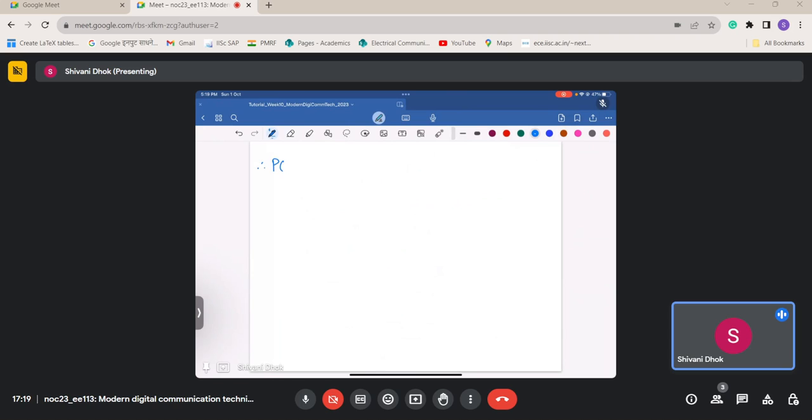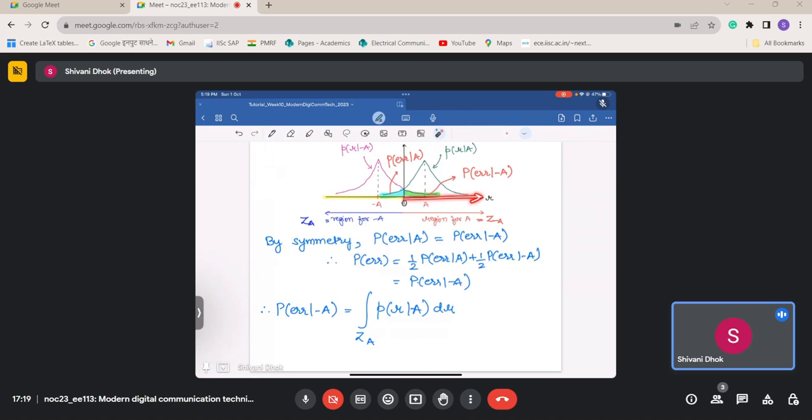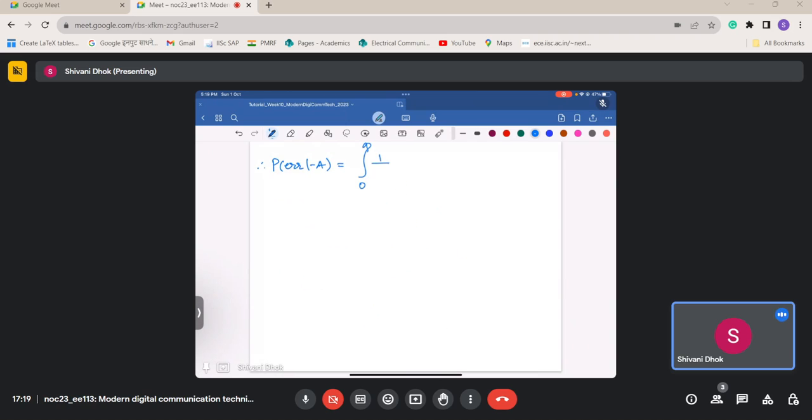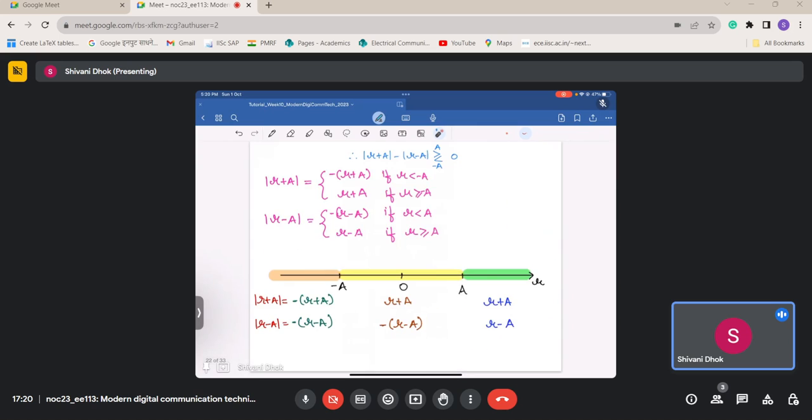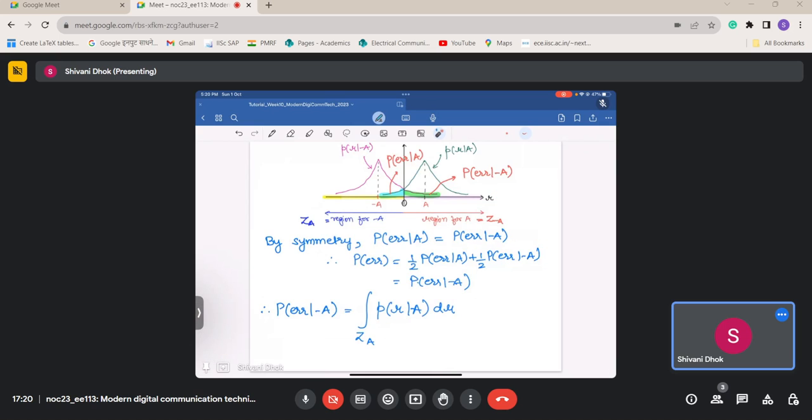So the probability of error given minus A is equal to the integral over the region Z of A, which is from 0 to infinity, of the PDF of r given minus A, which is 1 upon root 2 sigma e to the power minus magnitude r plus A times root 2 by sigma, dr. We have seen that r plus A is positive for this region entirely. r plus A is equal to its magnitude when r is greater than or equal to minus A, and we are integrating over this region where r plus A is always positive, so I can simply ignore the mod.